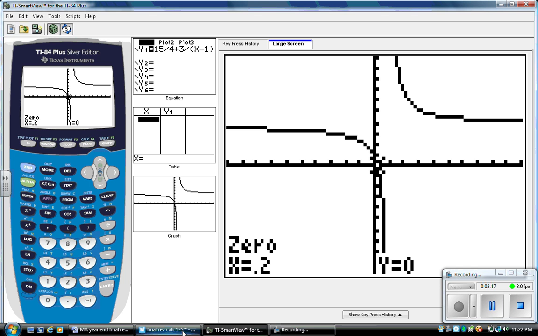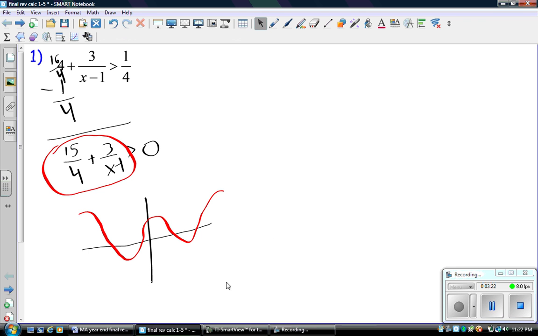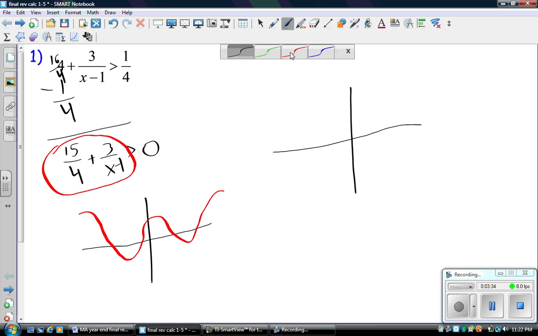So if you look on your possible answers on this one, it's 1/5. So let me do a quick little sketch of kind of what that graph looked like again. My perfect straight lines. So it looked like the graph was positive forever and then shot down.